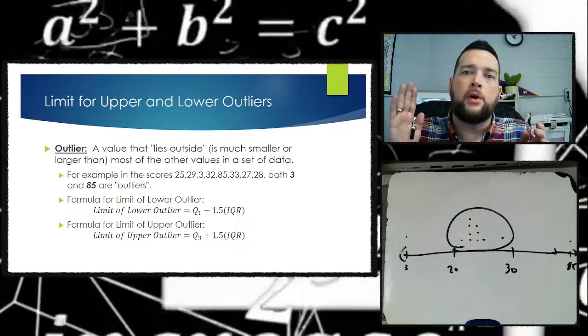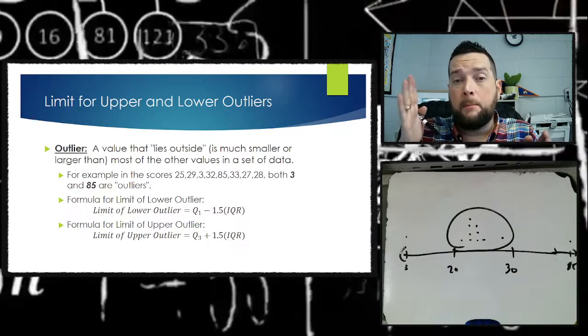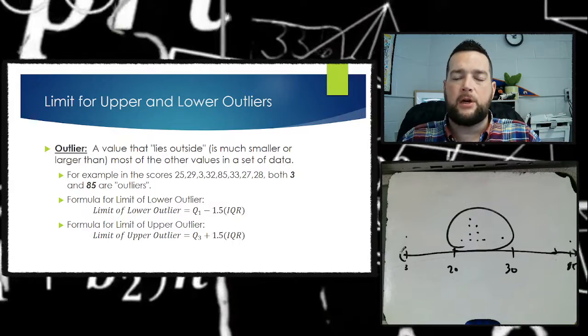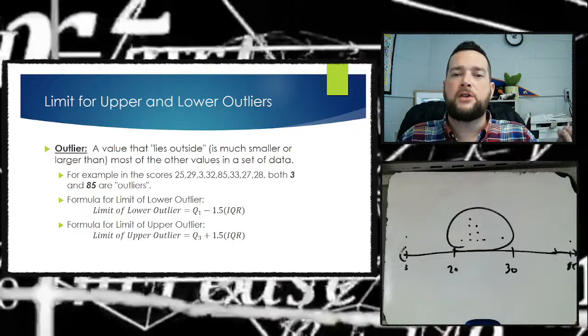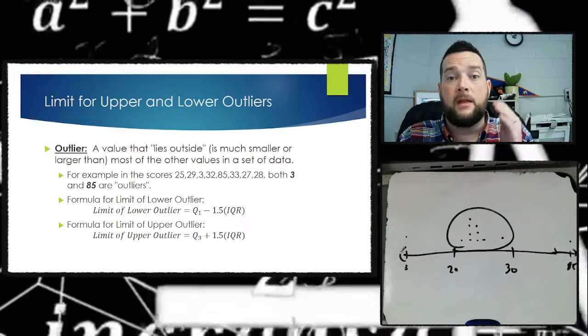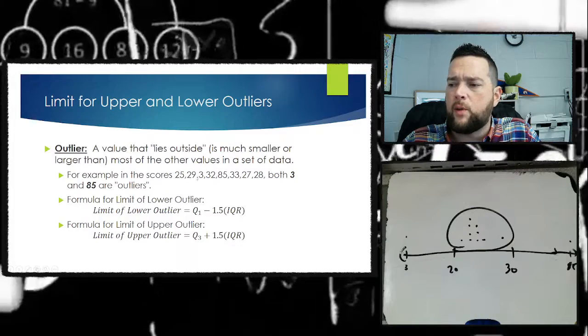Or for the upper, what's the number at the top end that anything above it would be considered an outlier? You can use these actual formulas to find the limit of the lower and the limit of the upper. That's what I want to focus on for the rest of this video.